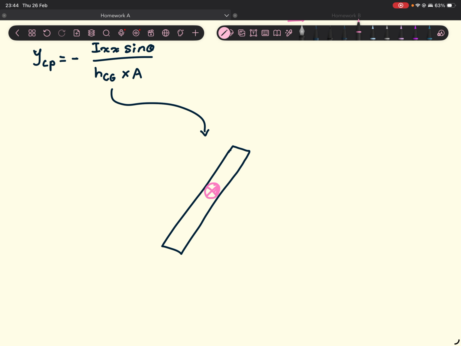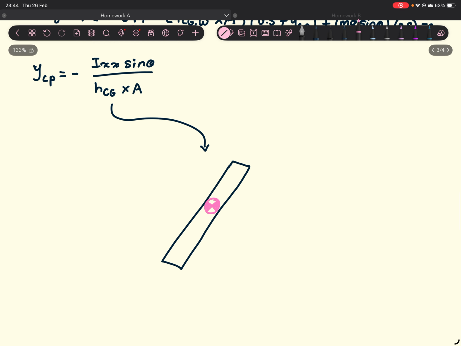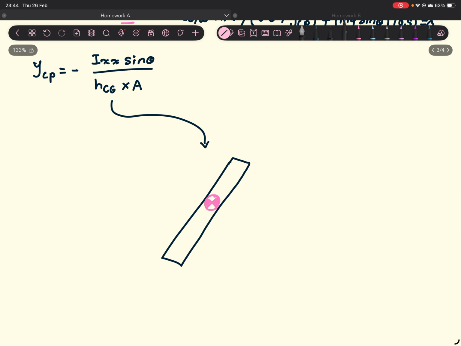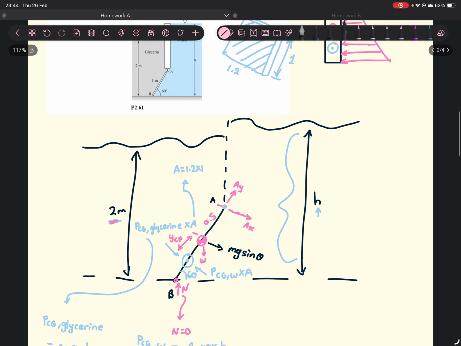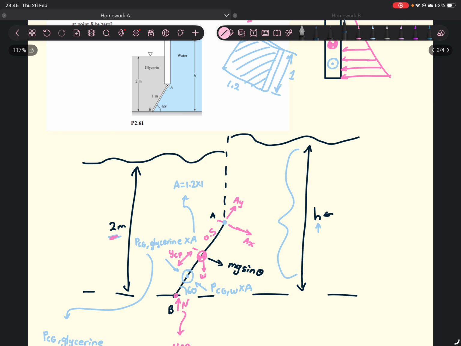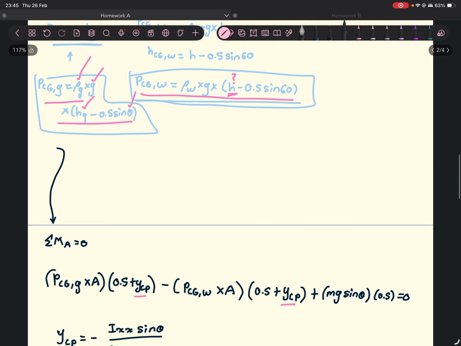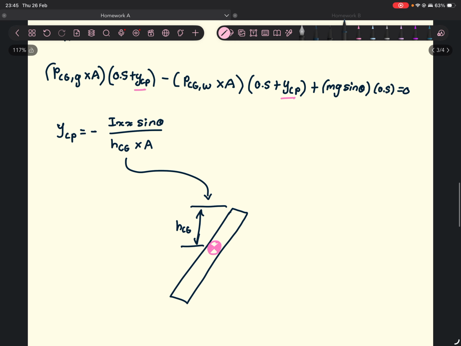So when we say hcg, the part that we're talking about is the distance or the height to the center of gravity. So from the topmost part of the object that is submerged to the center of gravity. So this would be hcg. It's not this total height over here, and it's also not this height over here. So when dealing with ycp, you look at the object itself, if that makes sense.